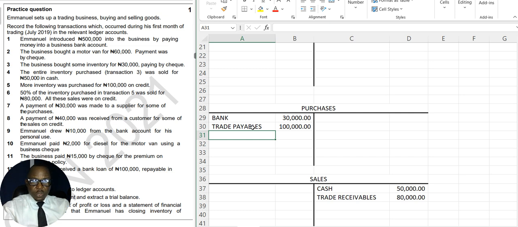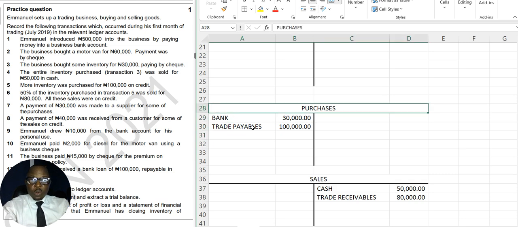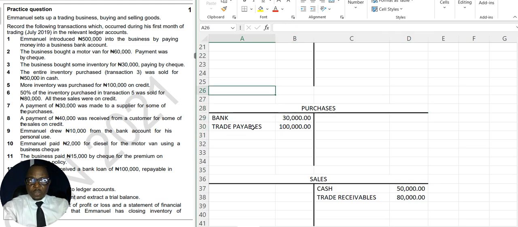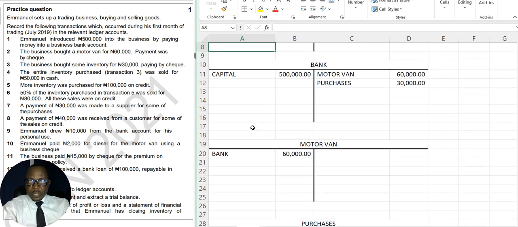It wasn't mentioned whether it was through cash, but remember we received these purchases through bank. All right, so we should look at bank also.